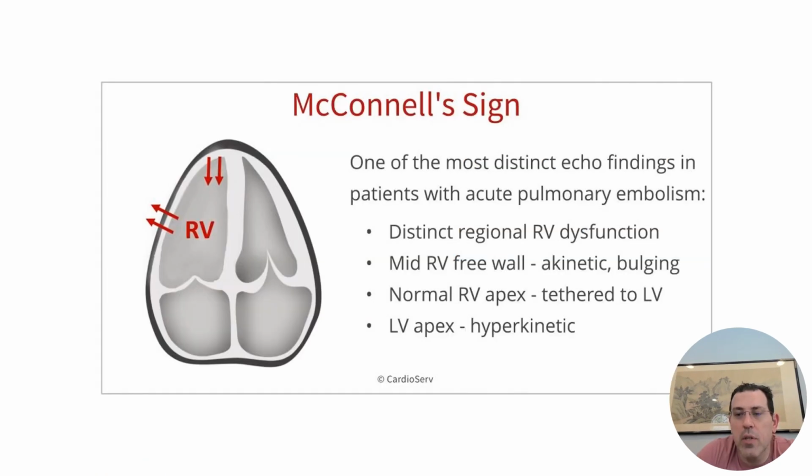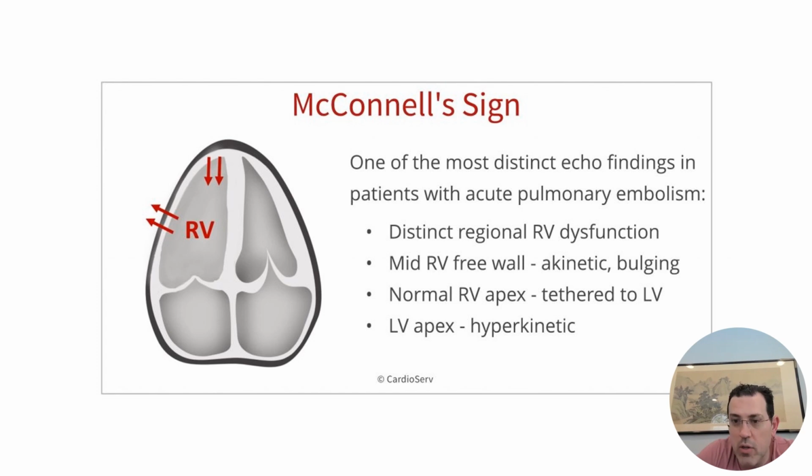So in reference to McConnell sign, here's how I'm going to describe how I remember it. And I'm not saying that this is necessarily correct in terms of the pathophysiology, but this is how I keep it straight in my mind. So here we're looking at a particular pattern of right heart strain indicative of PE. And here you see the free wall of the right ventricle, which is the majority of the right ventricle.